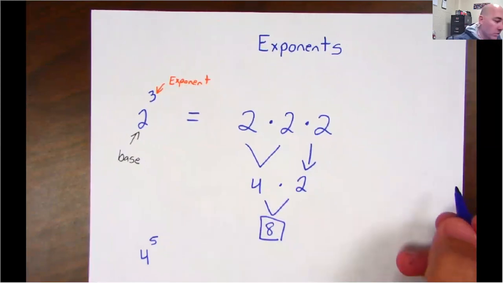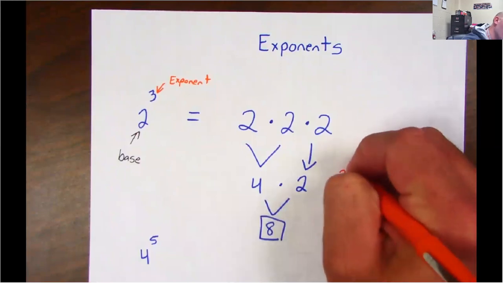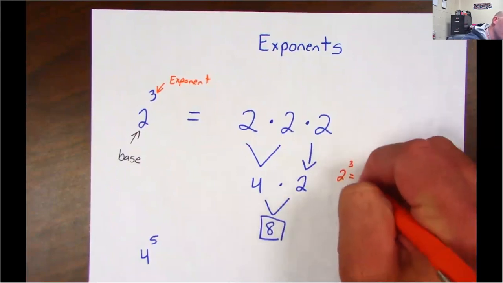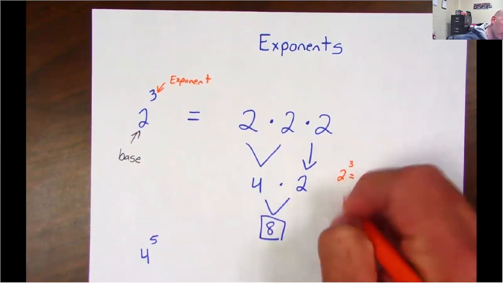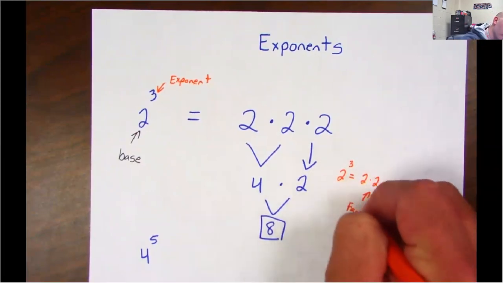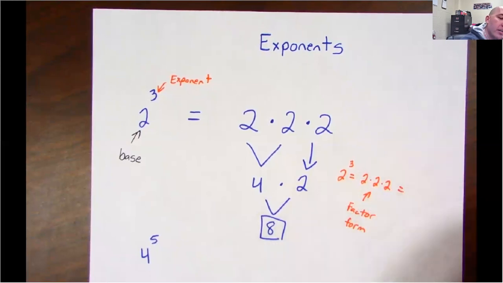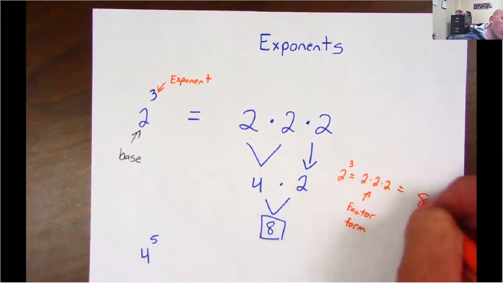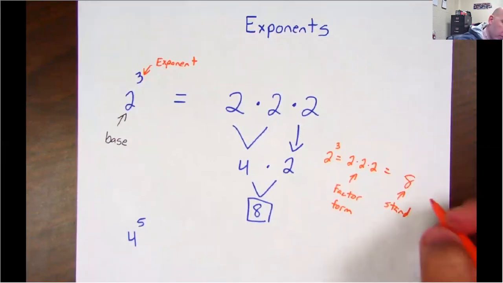So guys, to sum this up, 2 to the 3rd power is the same as 2 times 2 times 2. That's factor form. And it's also equivalent to 8, which is standard simplest form.